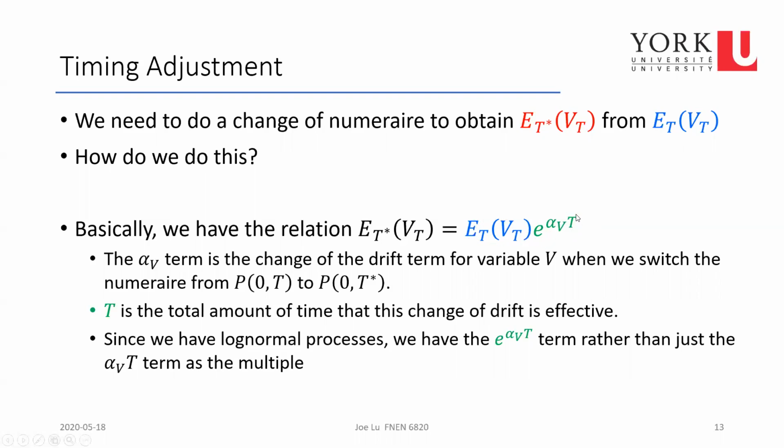This factor is just a change of the drift when we have a proportional drift. Because we're looking at a log normal process, the adjustment is not a direct multiple of this thing; it's e to the power of this thing.